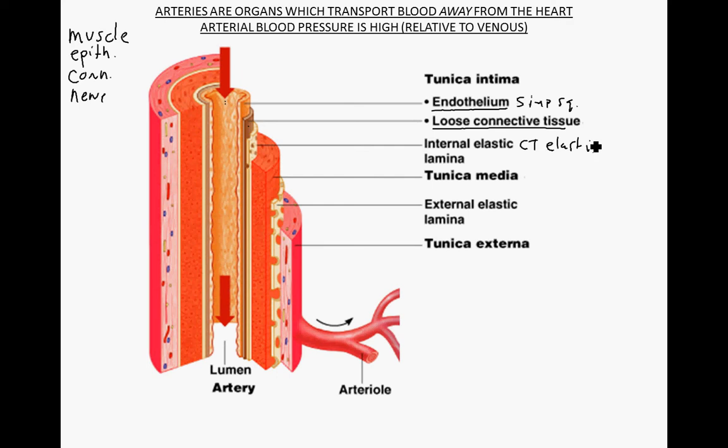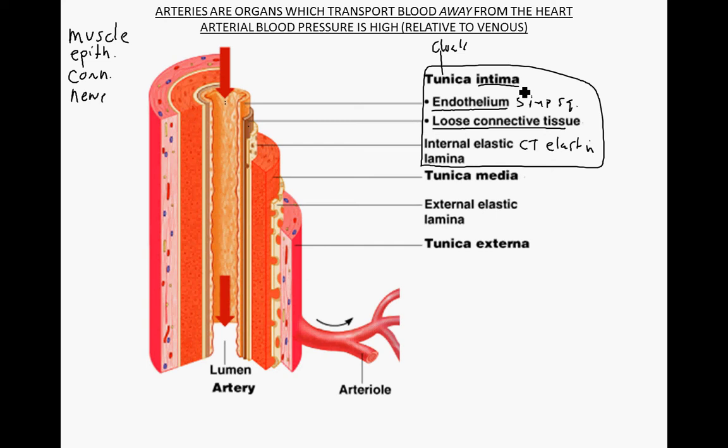Moving our way out, then we have this tunica. Sorry, before I do that, these three structures here are the tunica intima. So a tunic is a cloak, right? And the intima, this is the most inside, right? So just a fancy technical term, this tunica intima. Again, the endothelium and then the loose connective tissue and that internal elastic lamina.